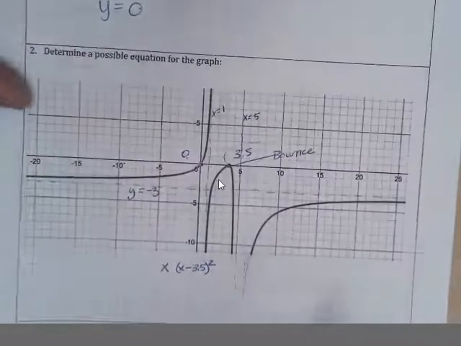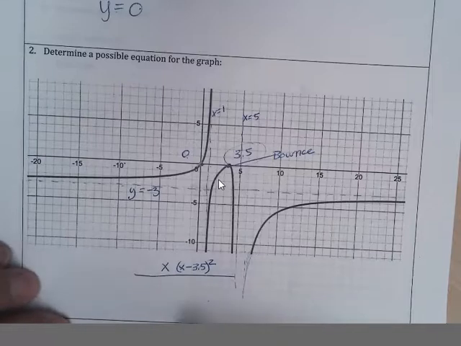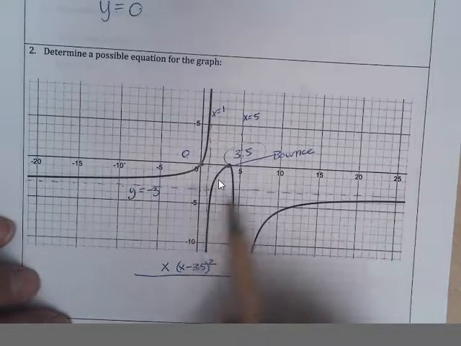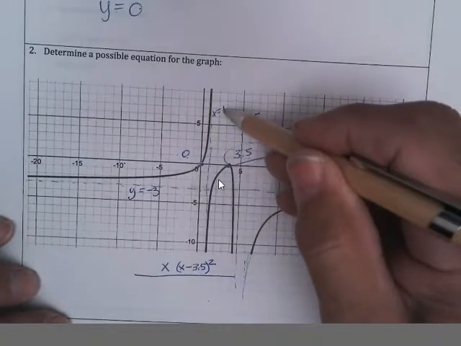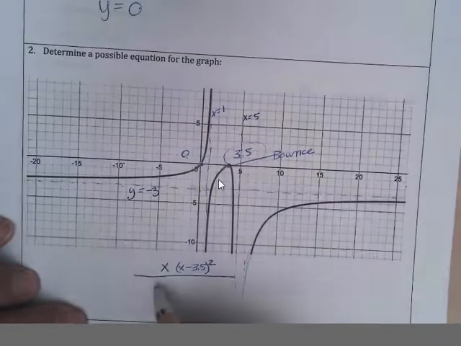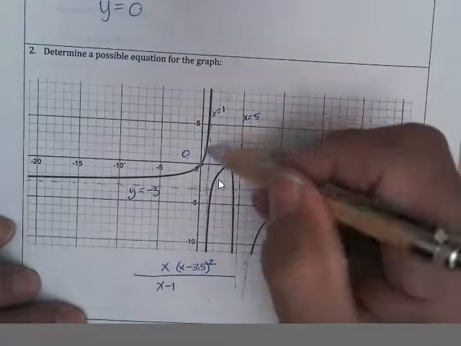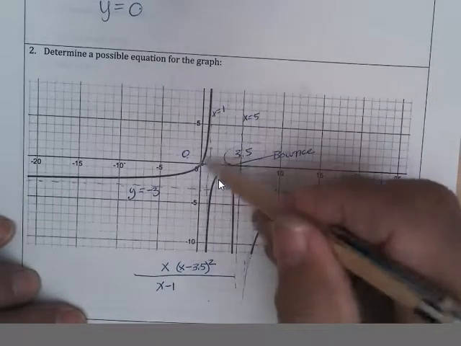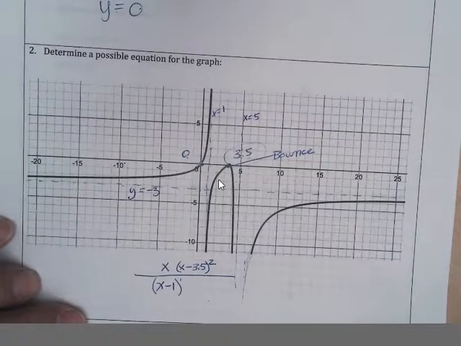So we have to have 3 factors in the denominator, a degree 3 in the denominator, and we have at x equal 1 a vertical asymptote, which means x minus 1, and the curve went in opposite directions at that asymptote, which tells us the multiplicity is 1.